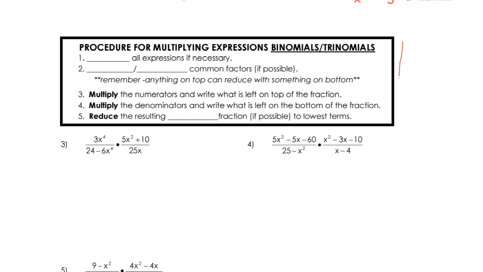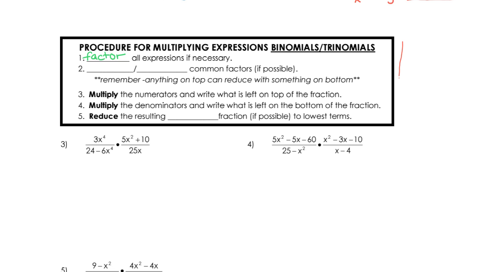So what we have to do with binomials and trinomials and polynomials that have 4 terms is, as our first step, factor all expressions if necessary. Cool thing is, remember, monomials are not factorable.